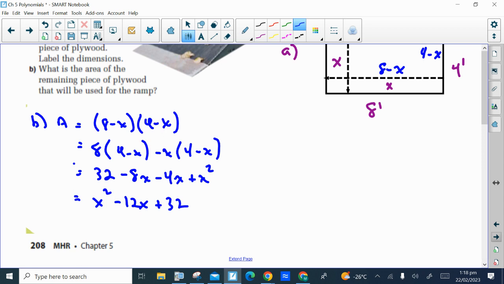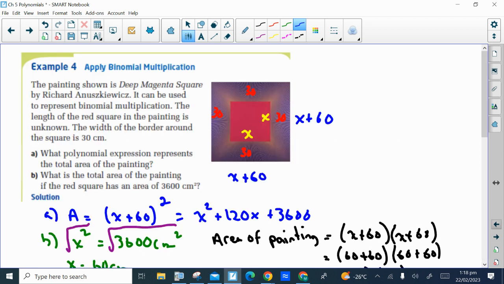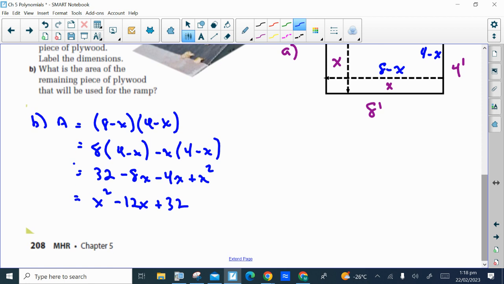Okay. So you can work on page 210, 211, number 6, and 7.